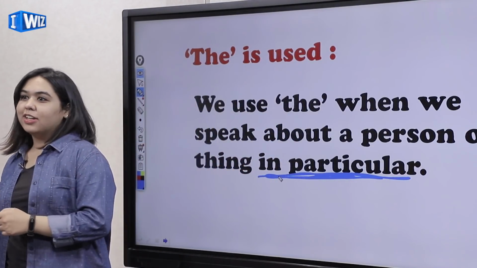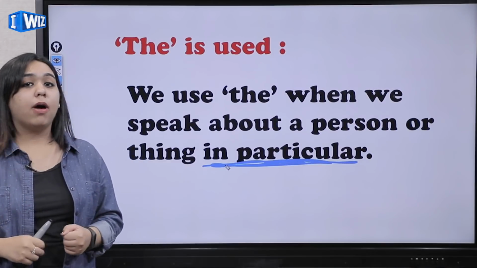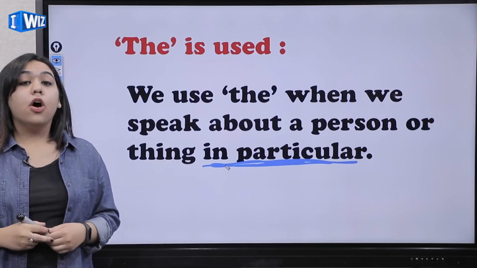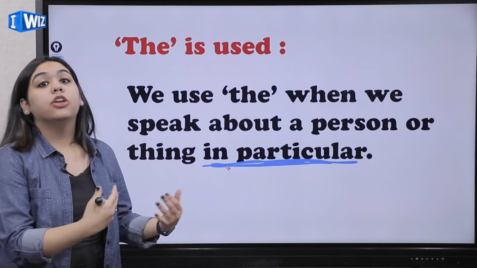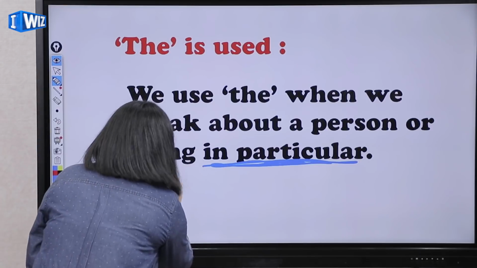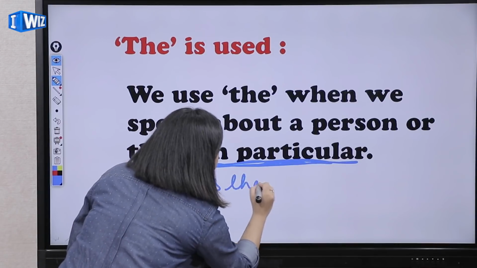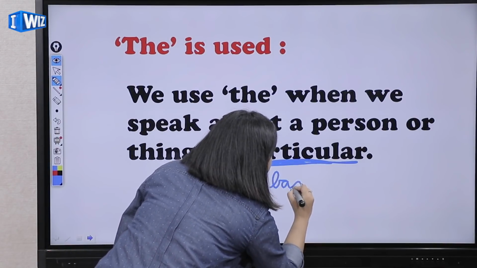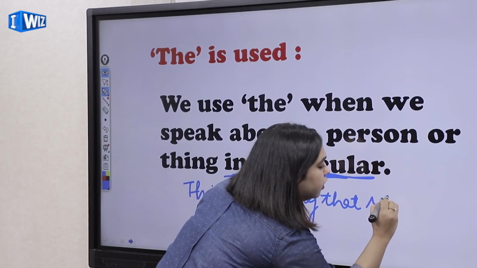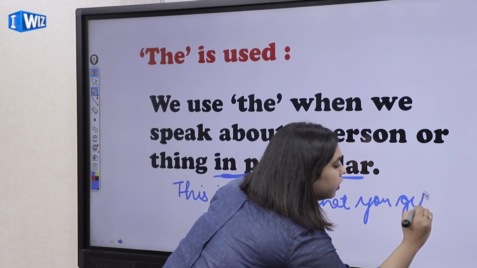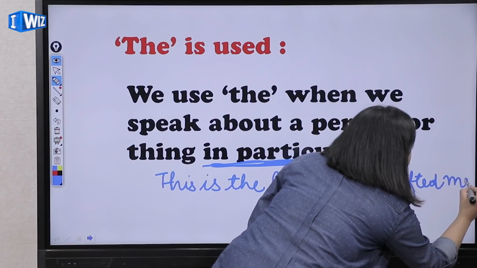Now you saw a new bag. Like your friend is holding a new bag and you really like it, and then you say, oh, I like your bag, and then your friend replies, this is the bag that you gifted me.